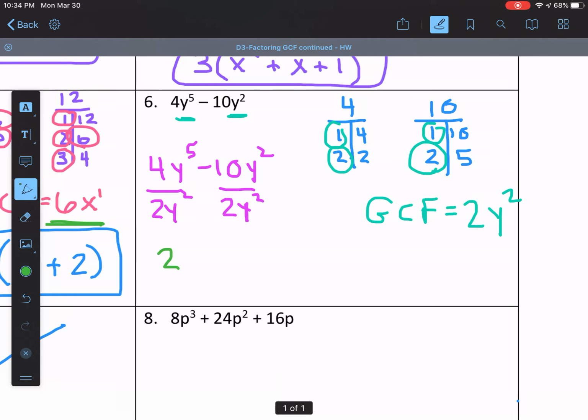Now, 5, remember when we're dividing here, we subtract our exponents. So 5 minus 2 is 3. Okay? Minus, now 10 divided by 2 is 5. And here, the y squared over the y squared, it just cancels out, reduces to 1. So you don't have to put any y's there.